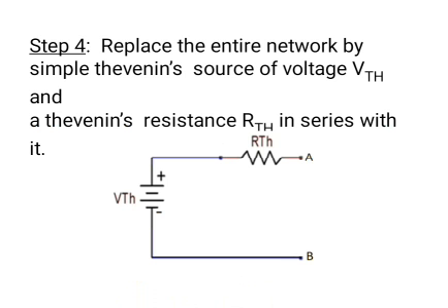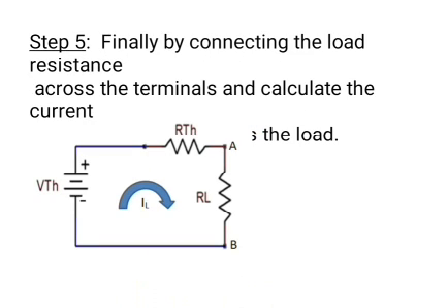Step 4. Replace the entire network by a simple Thevenin source of voltage VTH and a Thevenin resistance RTH connected in series with it. Step 5.